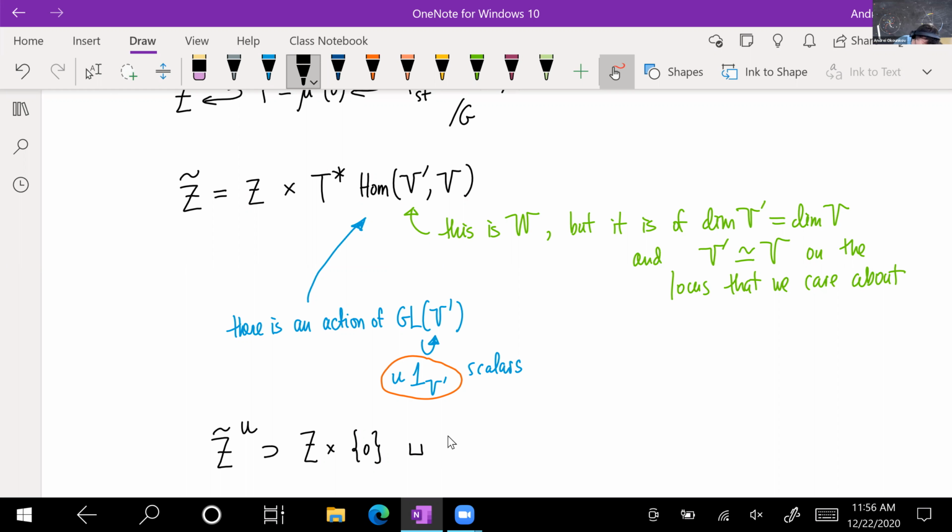It also includes things like if I take the locus of the scalars.